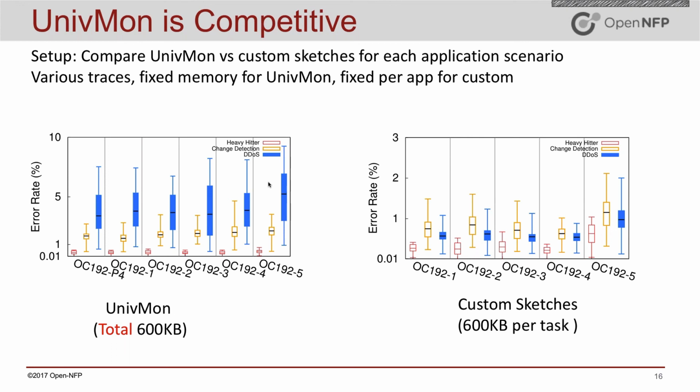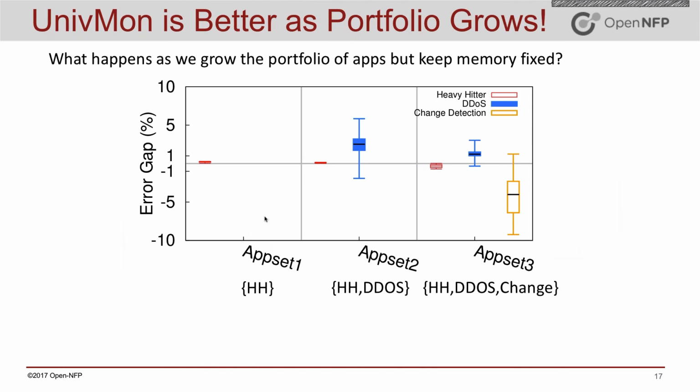Now, the real benefit is on the next slide, and this is a hypothetical evaluation that shows the true benefit of universality as we grow the number of applications. In the previous case, we did a standalone evaluation of one application at a time.